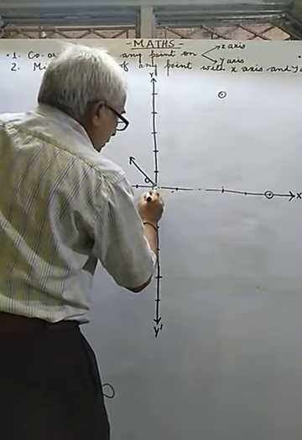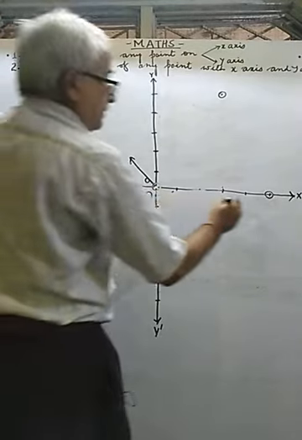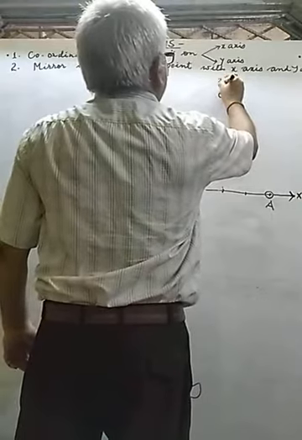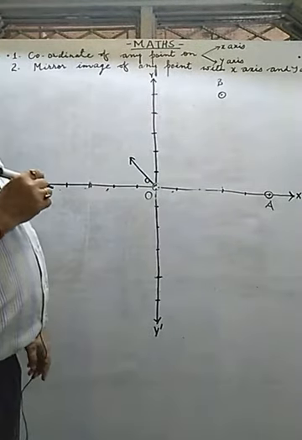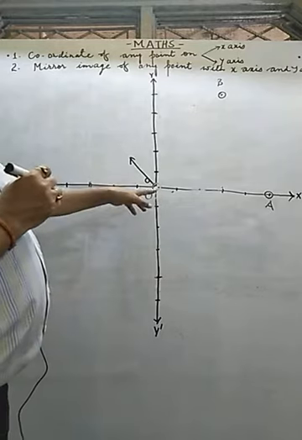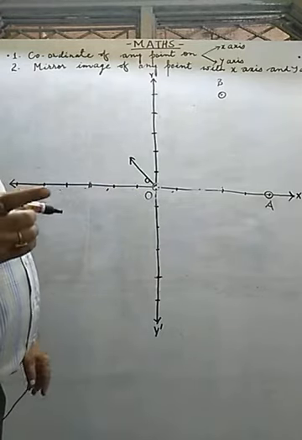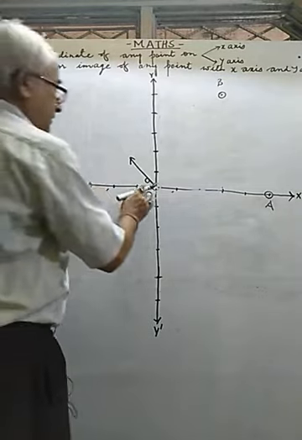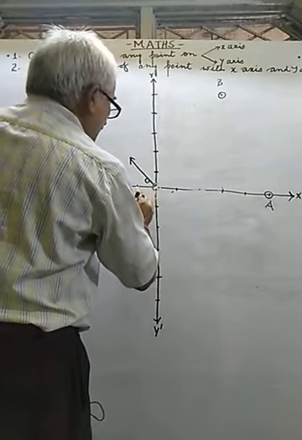This one is O, this one is A, and this one is B. First of all, we have to find the coordinates of O, and you know the coordinate of the origin is always 0, 0.